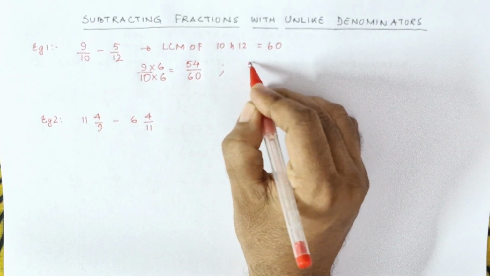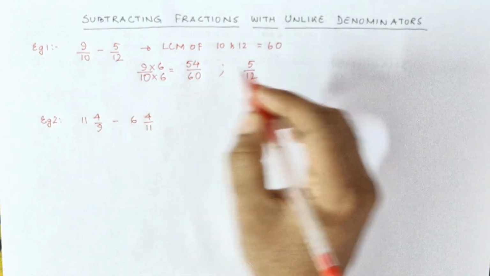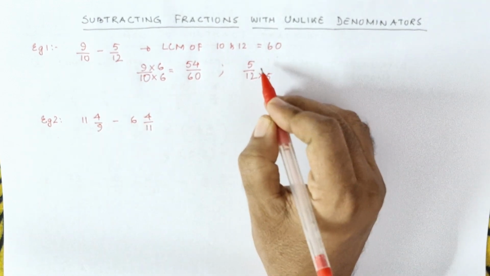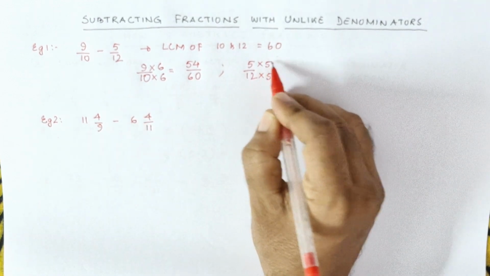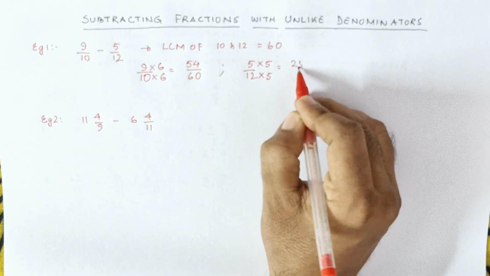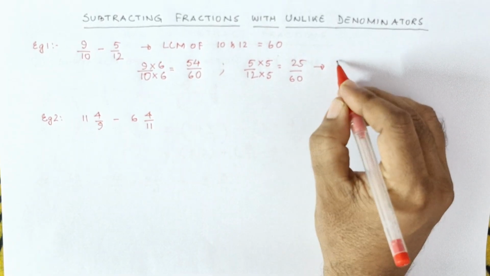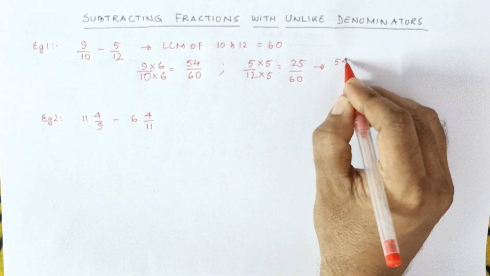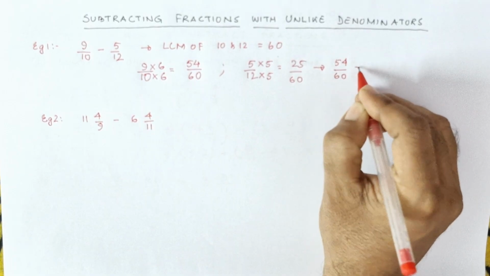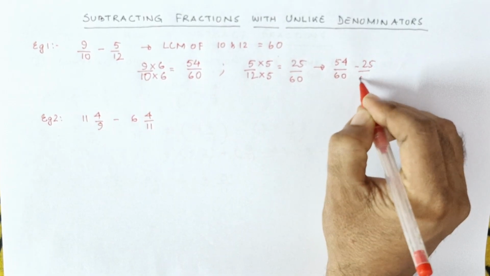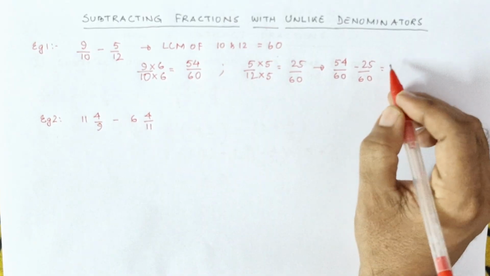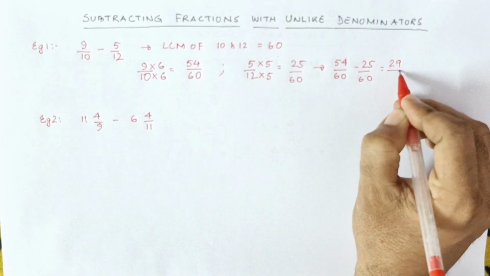Again, the same process for the second fraction: multiplied by 5, numerator multiplied by 5, so 25 by 60. So 54 by 60 minus 25 by 60 is equal to 29 by 60.